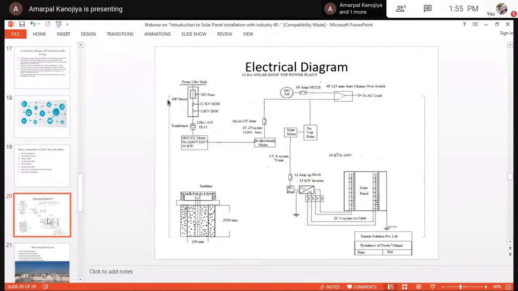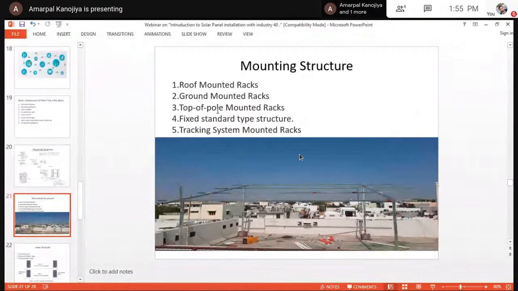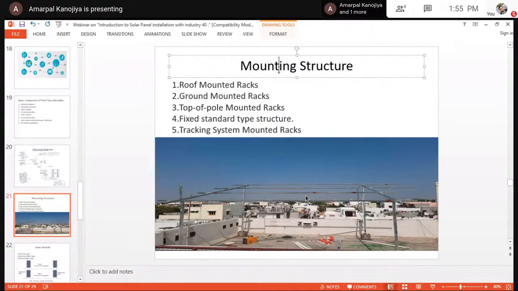Now, the first point for installation of a solar rooftop power plant is the mounting structure. This is the basic part of any solar power plant. There are several types of rooftop solar power plant structures: roof mounted rack, ground mounted rack, top of pole mounted, fixed standard type structure, and tracking system mounted rack.